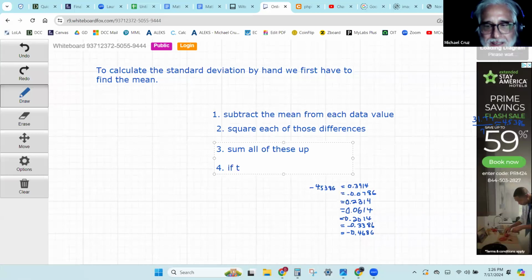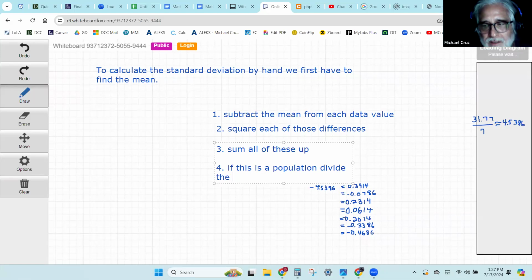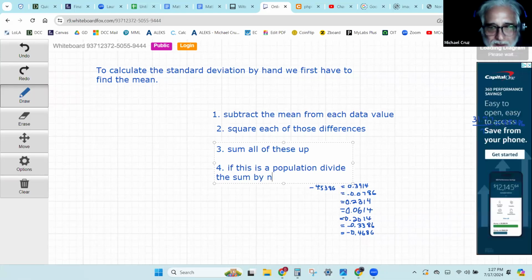If this is a population, divide the sum by n. If a sample, divide by n minus 1.